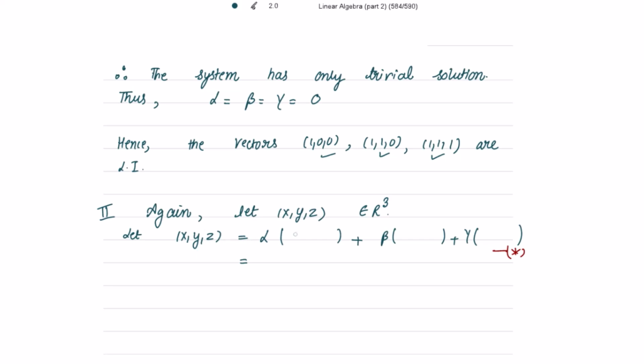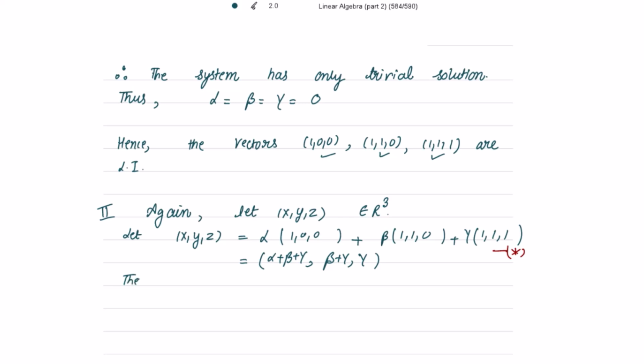So this is alpha(1,0,0) plus beta(1,1,0) plus gamma(1,1,1). So this is equal to, just add them. From here I get alpha plus beta plus gamma as the first coordinate, and then 0 plus beta plus gamma the second, and then this is 0, this is 0, this is gamma, right? Now just mark this as star.